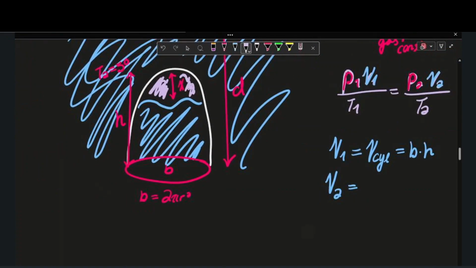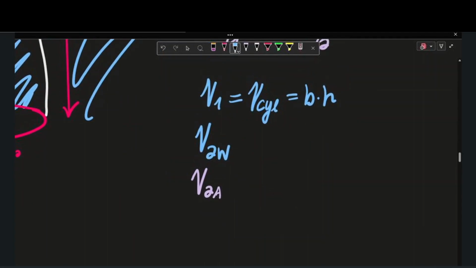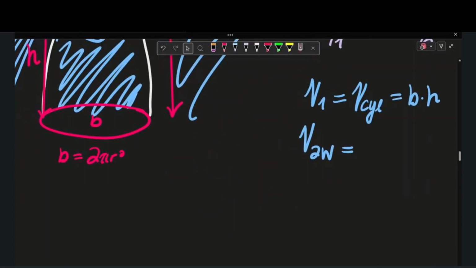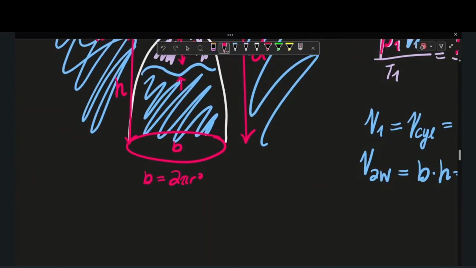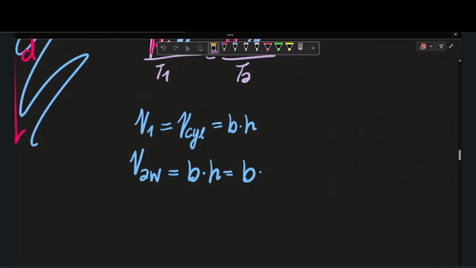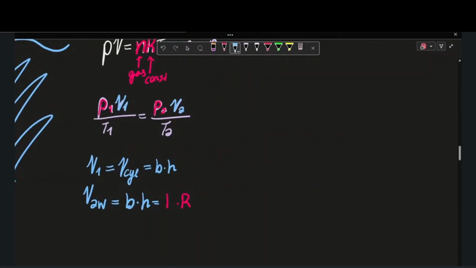Now, of course, you could find the volume of the air, but it's easier for calculations to find the volume of water, and then from there you can find the height to which the water rises instead of subtracting it in the end. So that is equal to, of course, base times height, but here it's base times r, the base times the amount it rose by.